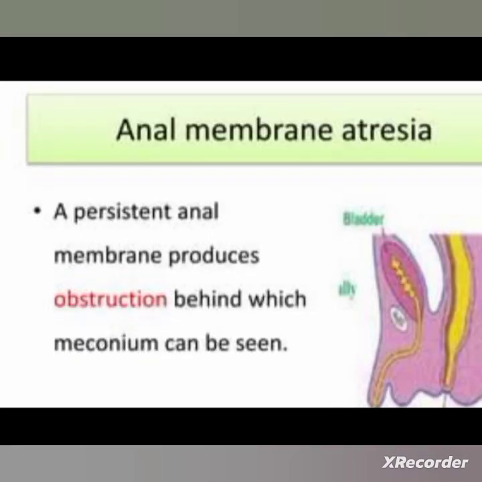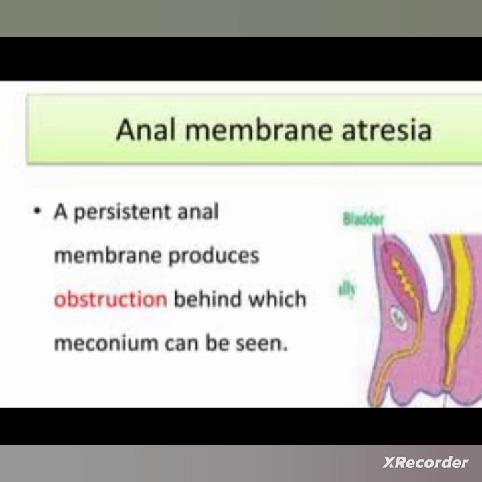Another one is anal membrane atresia. A persistent anal membrane produces obstruction behind which meconium can be seen. In the pathophysiology, we have seen that a membrane is formed in the 7th week of gestation.